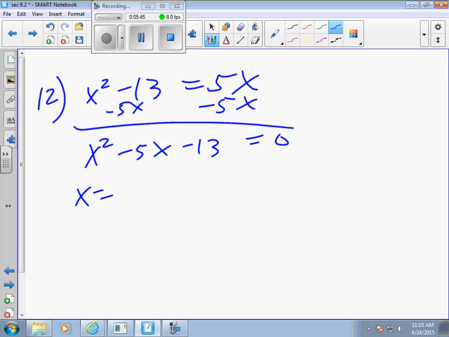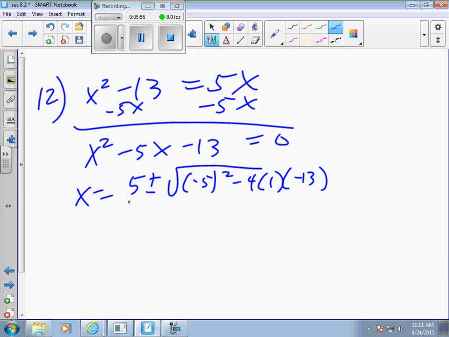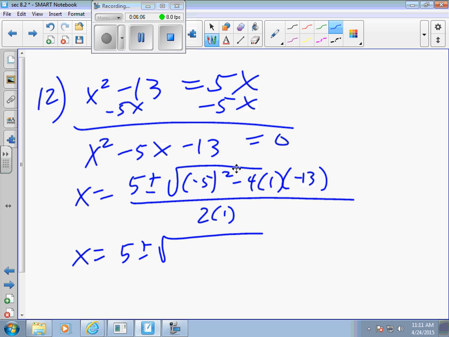x equals the opposite of b plus or minus the square root of negative 5 squared minus 4 times 1 times negative 13, all over 2 times 1. Simplifying, I get 5 plus or minus the square root. Negative 5 squared is 25.